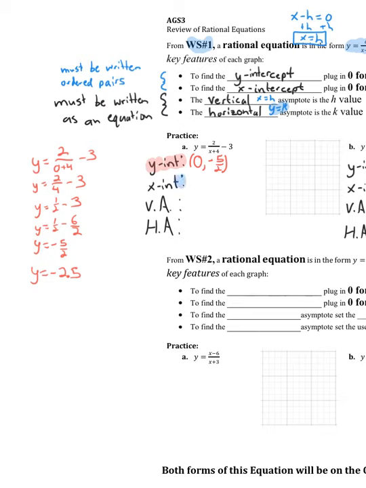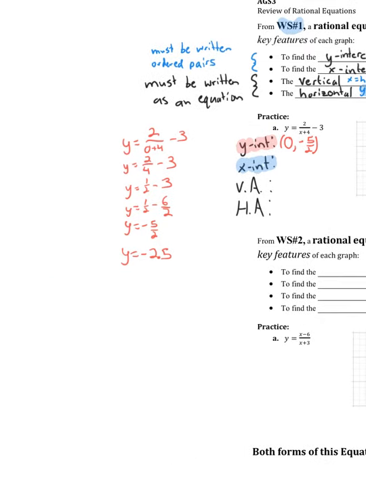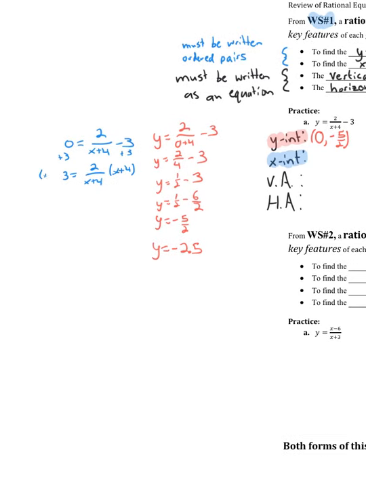To find the x-intercept, plug in 0 for y. 0 equals 2 over x plus 4 minus 3. Start by adding 3 to both sides. Next, I'm going to multiply both sides by x plus 4. And I'm going to get 3x plus 12 equals 2.